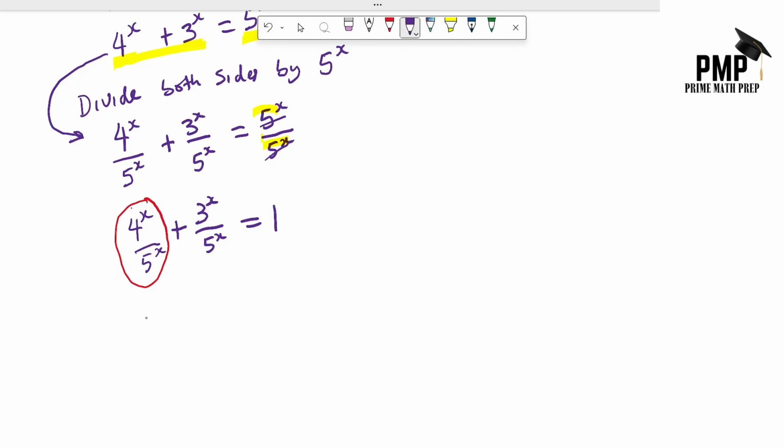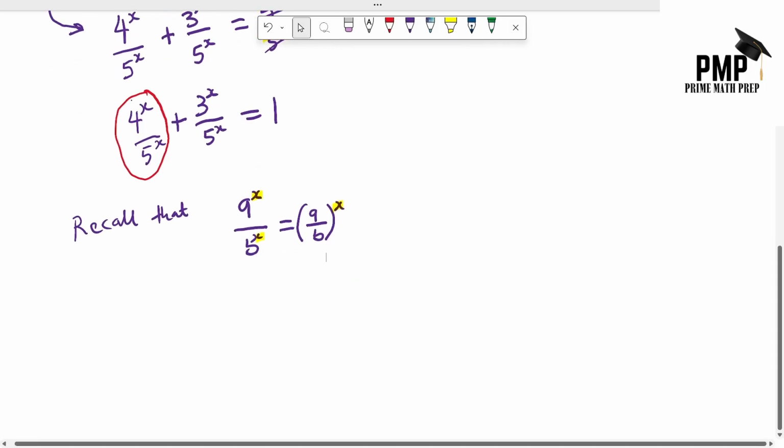We know, recall that a to the power of x over b to the power of x is the same thing as bracket a over b all to the power of x, because they have the same exponent. So we can group them and bring out the exponent outside.